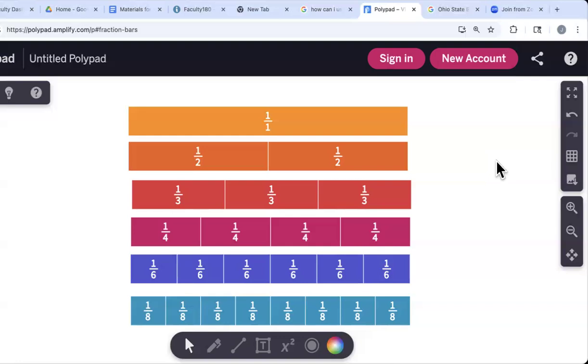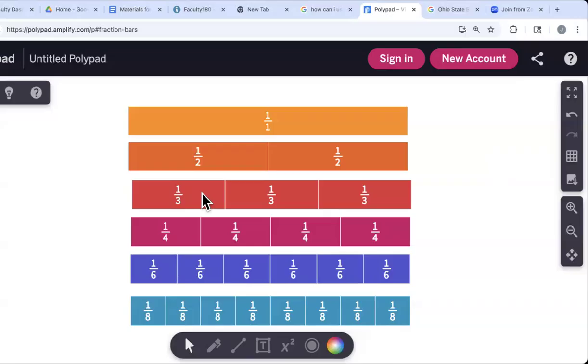Another thing you can do is look at these fractions and ask, how can I add or subtract fractions using this? And understand that you need a common denominator. So let's take a look at this.